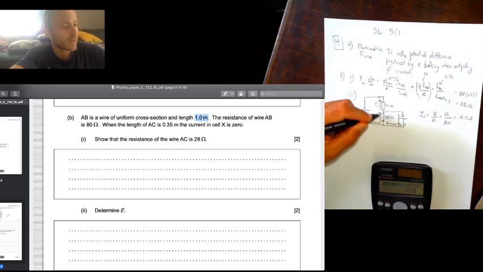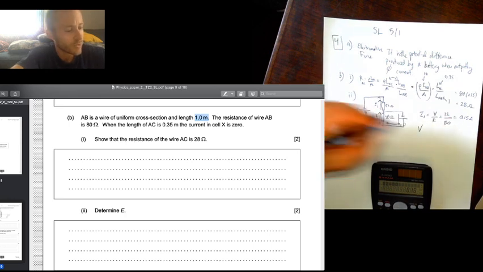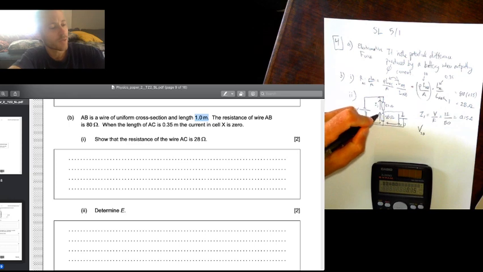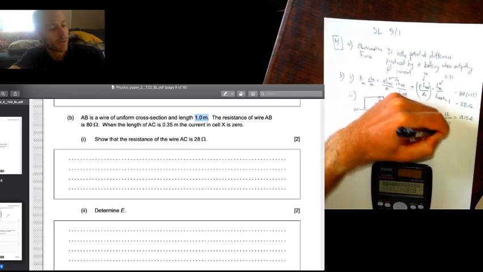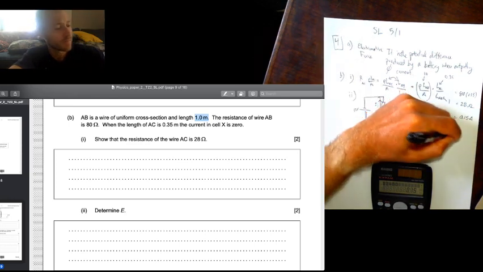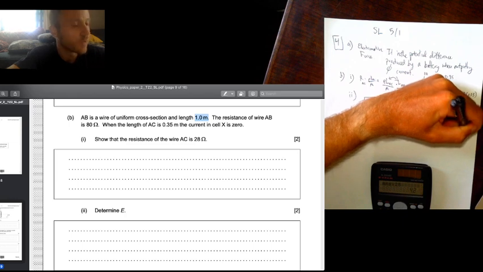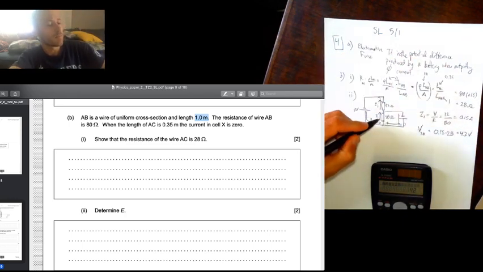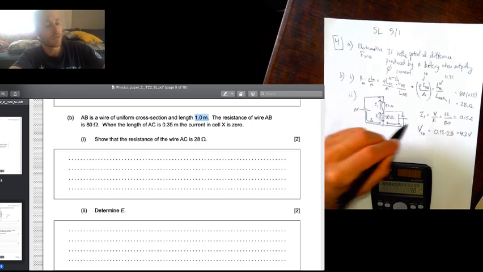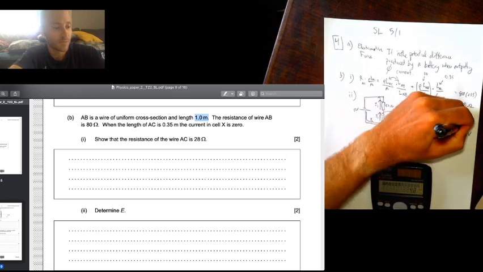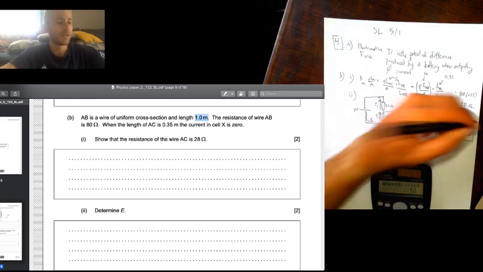Then I could calculate the voltage across the 28 ohm resistor, which would be I1 times 28, so 0.15 times 28, and that gives 4.2 volts. This resistor is in parallel with the cell, so that must also be the voltage of the cell. So the EMF of cell X is 4.2 volts.